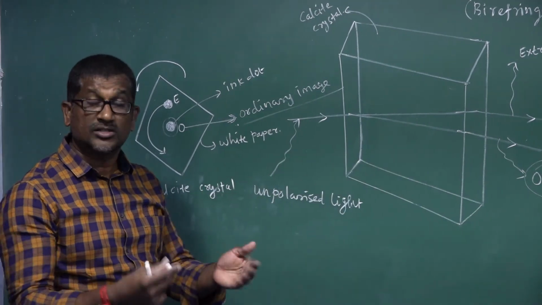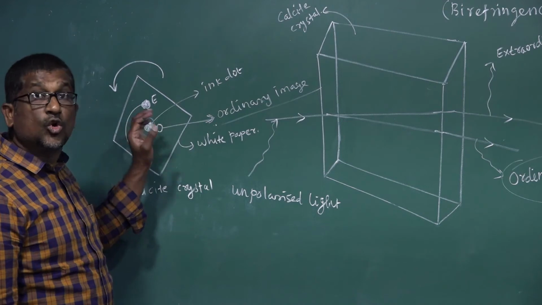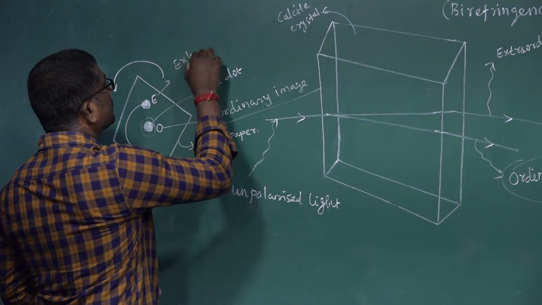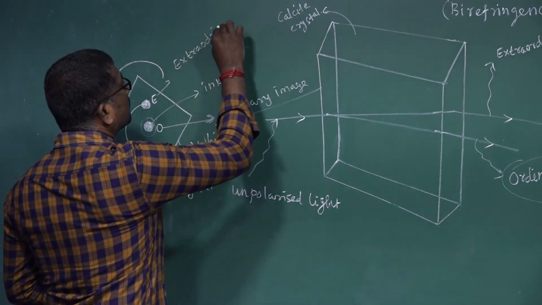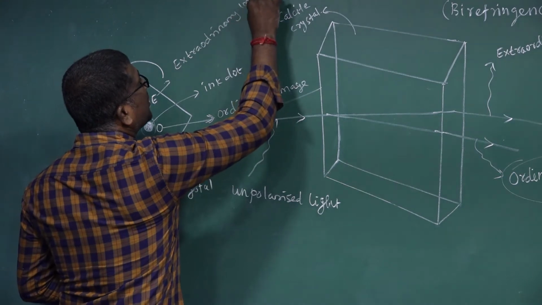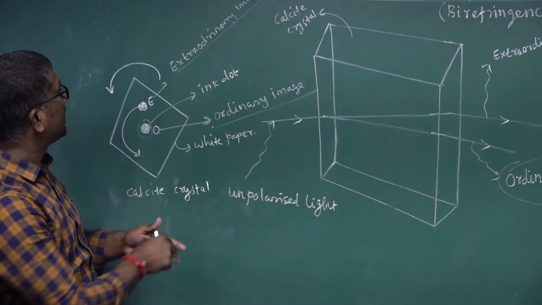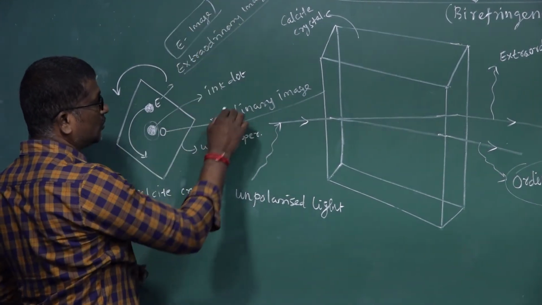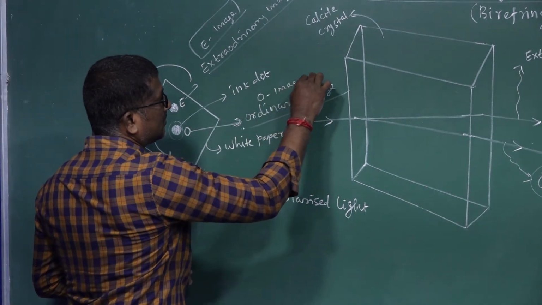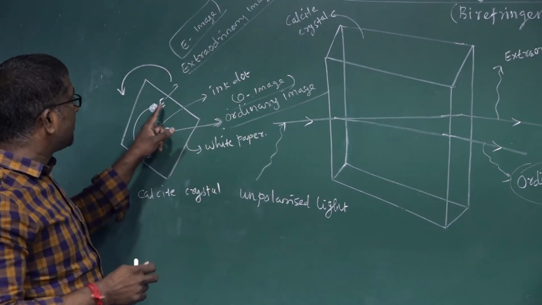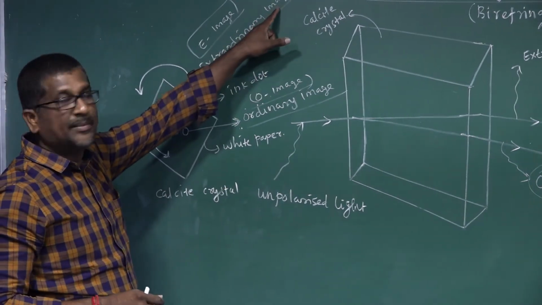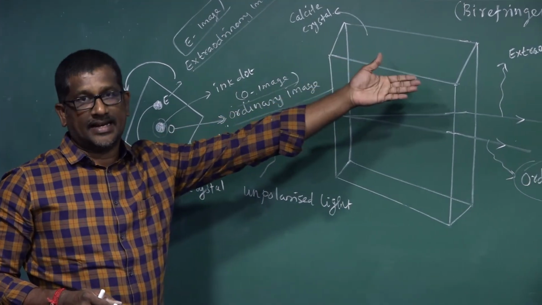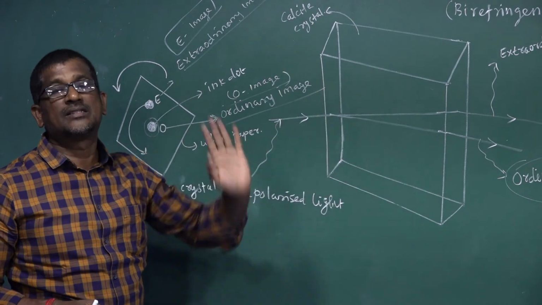The second, rotating image is called the extraordinary image, or simply the E image. This is the O image. The rotating image is produced by the extraordinary ray, which does not obey the laws of refraction.